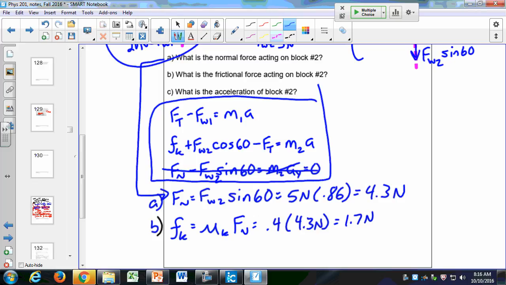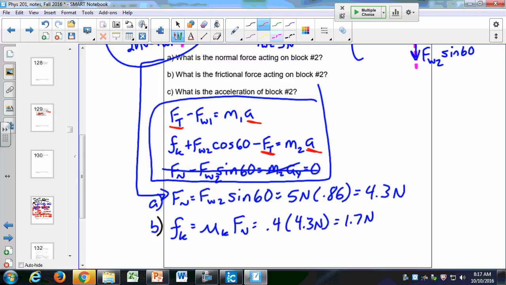What's another unknown in this system of equations that I need to solve for? Ft. I don't know Ft, and I don't know A.